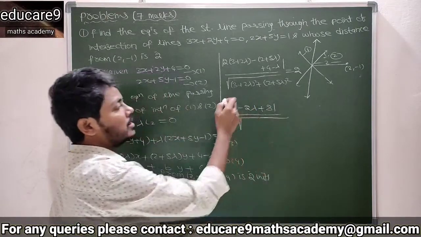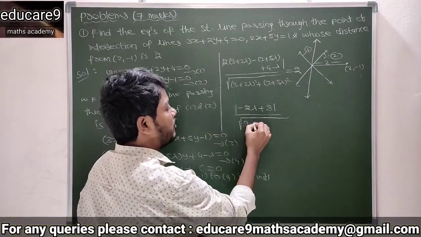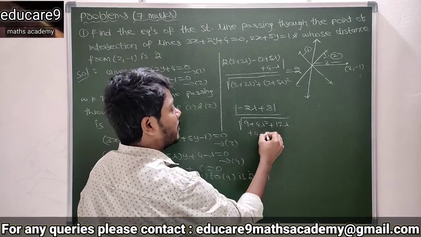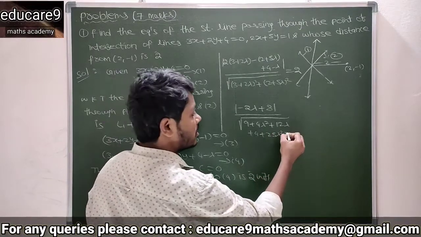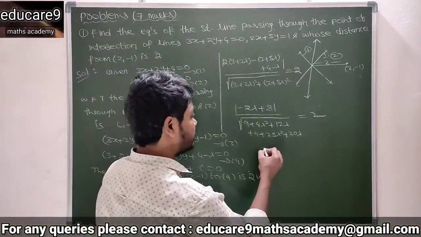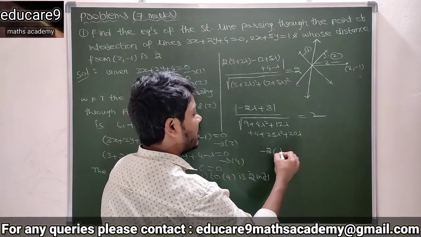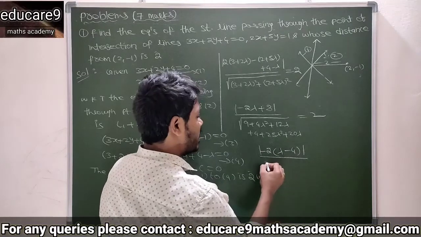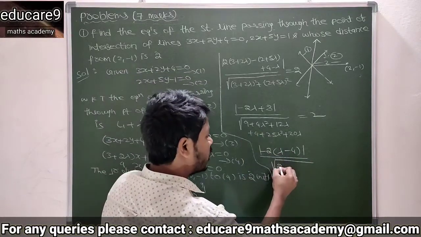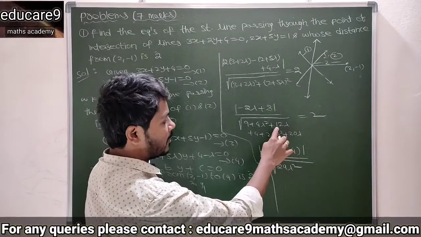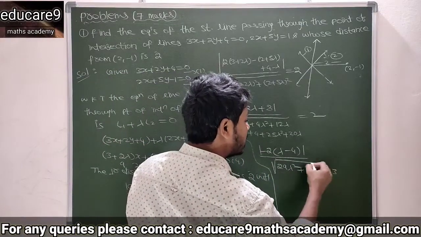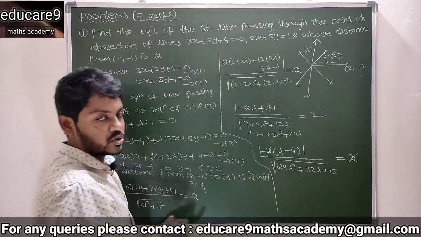Divided by this: 9 + 4λ² + 12λ + 4 + 25λ² + 20λ, equals 2. Here minus 2 is common, you will get λ - 4, divided by the square root of 25 + 4, 29λ². Next 20λ + 12λ, that is 32λ. 9 + 4 is 13, equals 2. So the 2 gets cancelled. Now squaring on both sides.